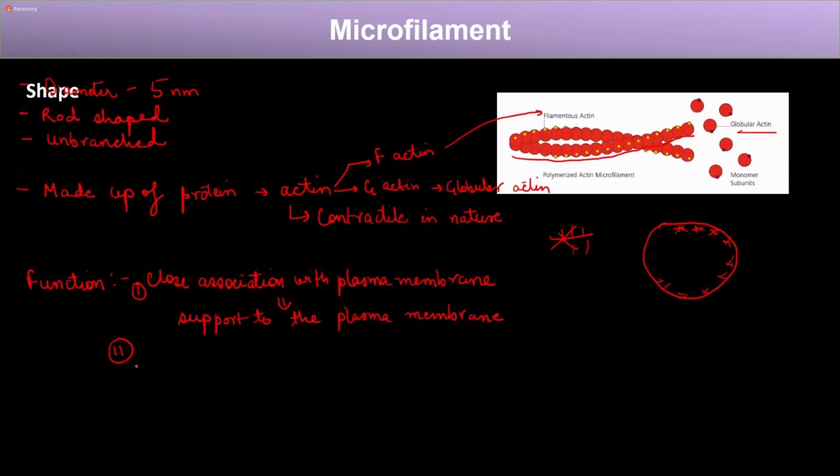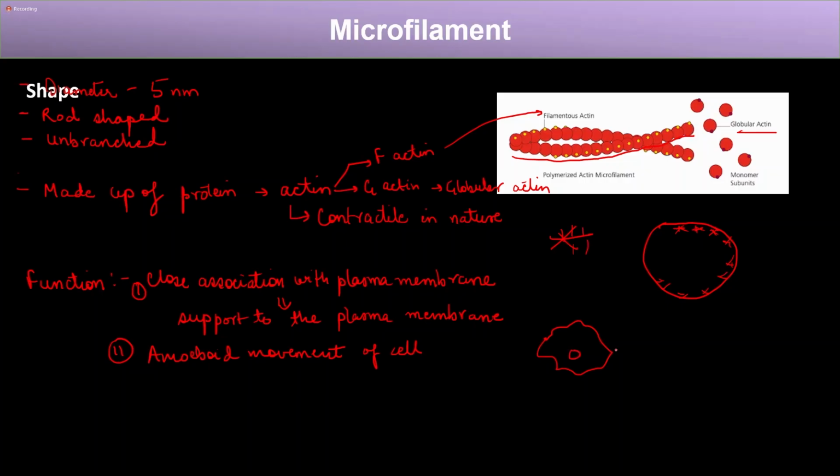Secondly, they also help in amoeboid movement of the cell. What is amoeboid movement? Amoeboid means amoeba-like movement. We know one unicellular organism, amoeba, and the way it moves is called amoeboid movement.